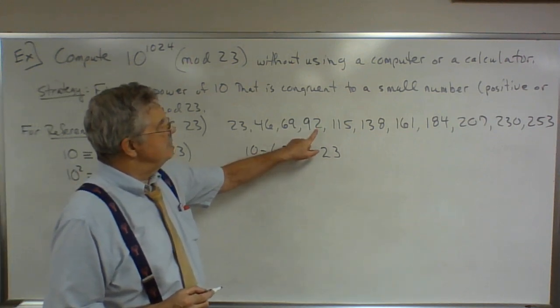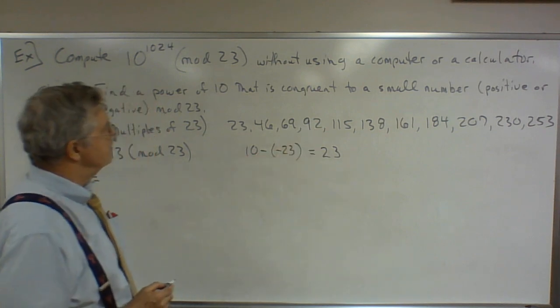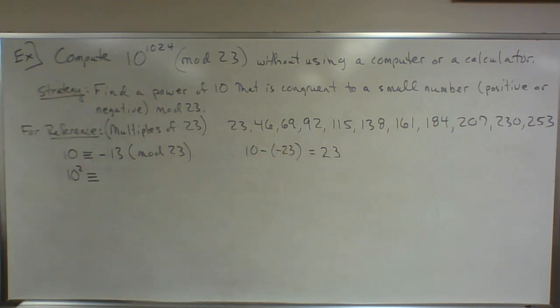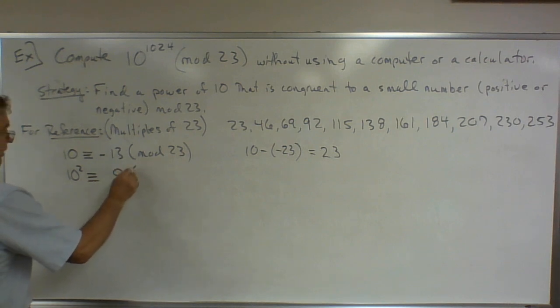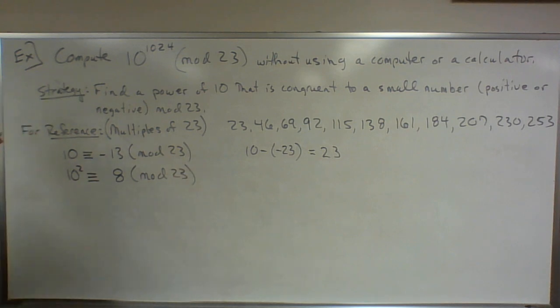A 100 is just a little bit bigger than 92, and 100 minus 92 is 8. Let me go over that again. 100 minus 92 is 8.